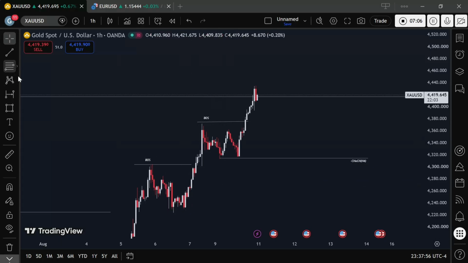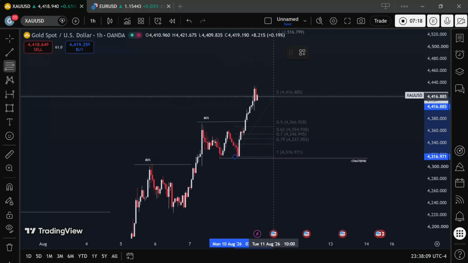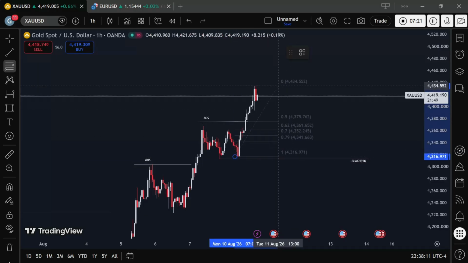When using market structure, in the case of a break of structure, we expect price to always come back to the midpoint from that swing low to that swing high.